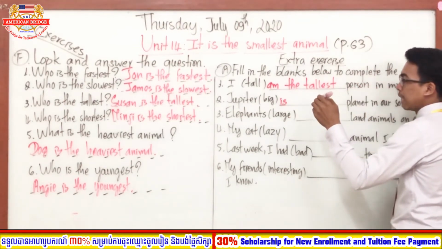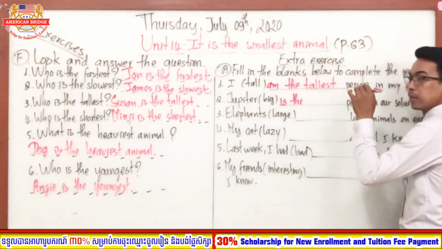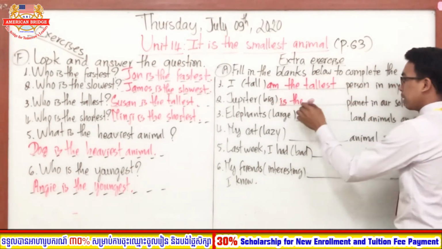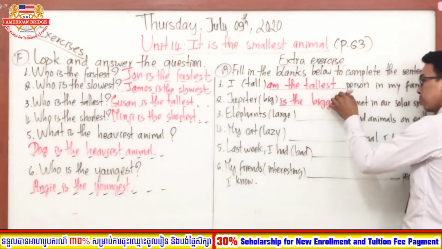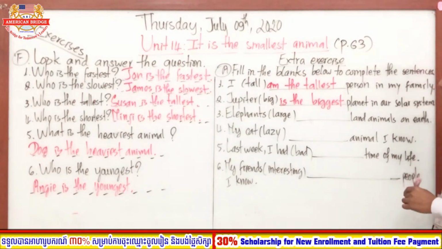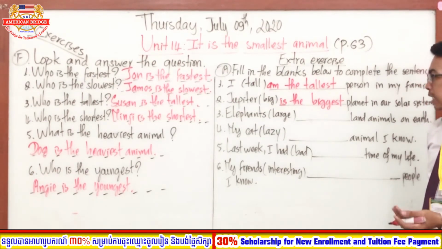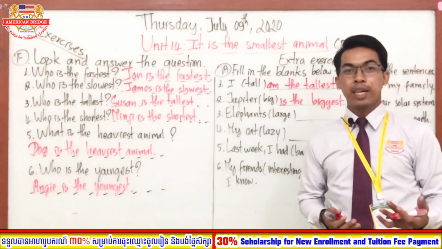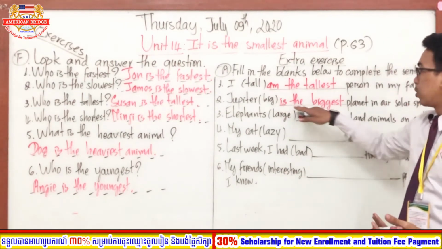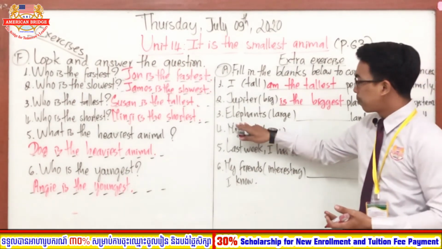So Jupiter is the biggest. Jupiter is the biggest planet in our solar system. So we change big to the biggest. Good. So now let's move on to number 3.